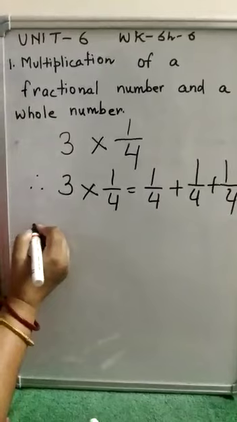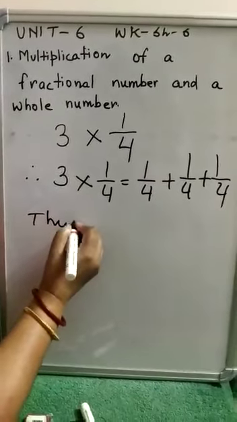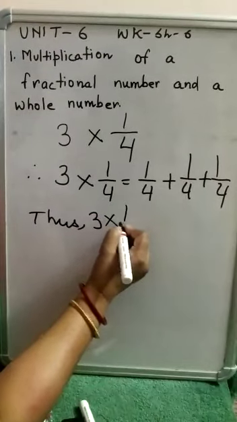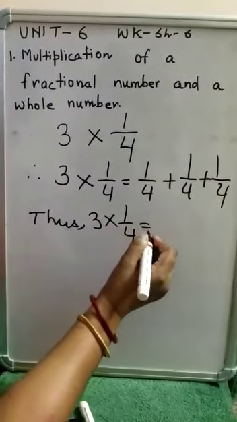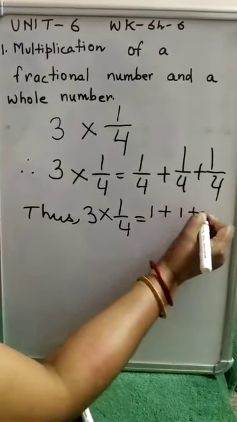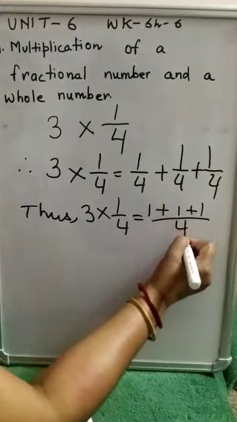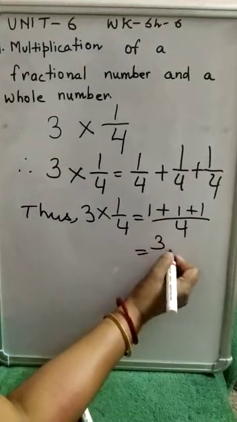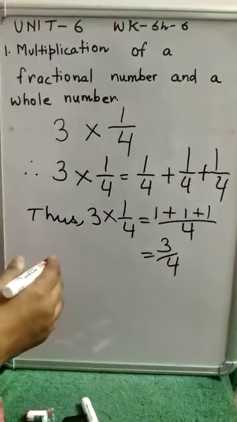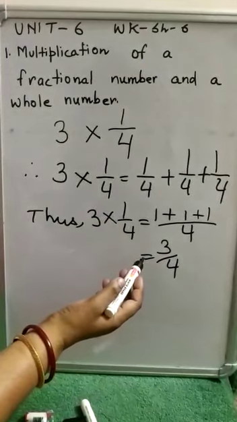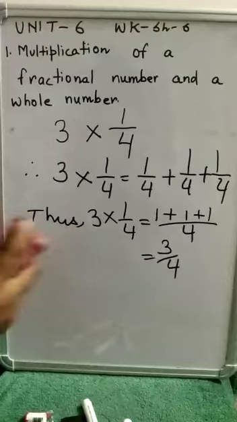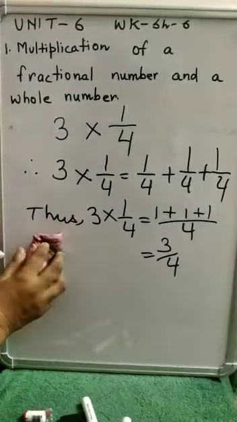Thus 3 times of 1 by 4 equals 1 plus 1 plus 1 by 4, that is equals 3 by 4. Okay? So now we can look at it in the following manner also.